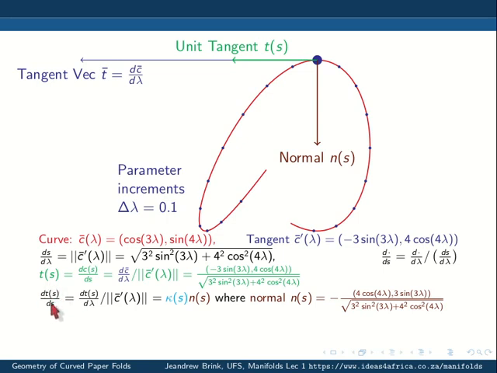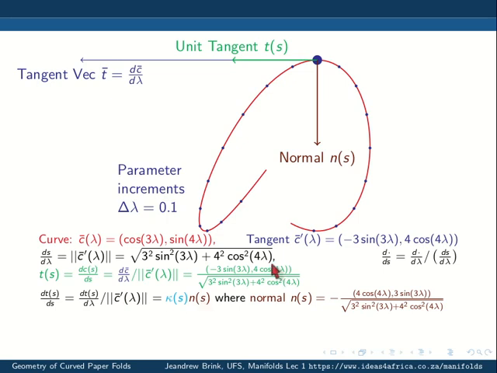Once again, dT ds is the derivative of T with respect to lambda divided by the norm of C prime of lambda. If I just write it out, remember our definition of kappa and N of S: that is equal to kappa times N of S.